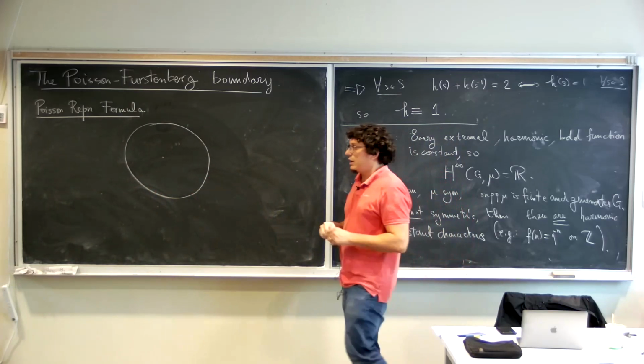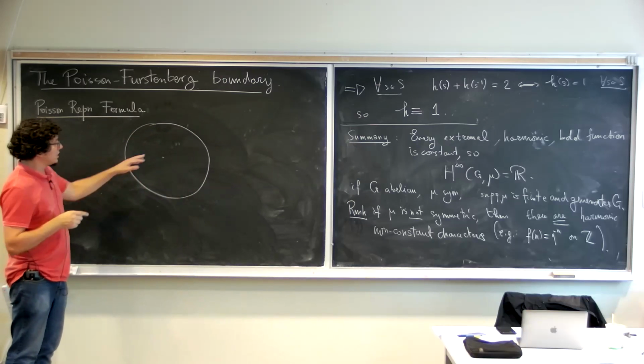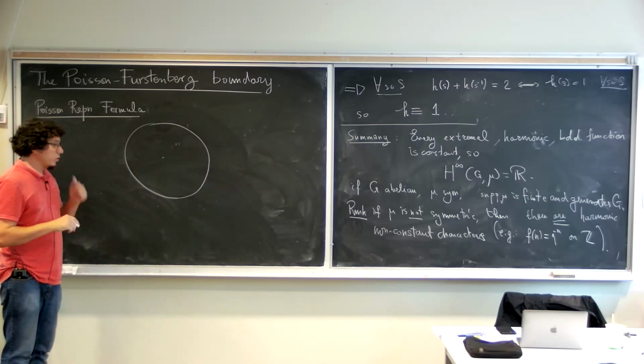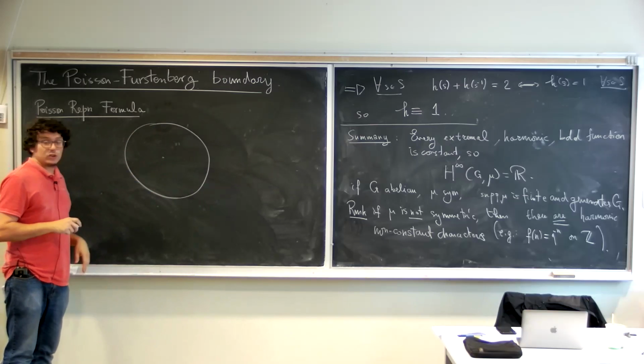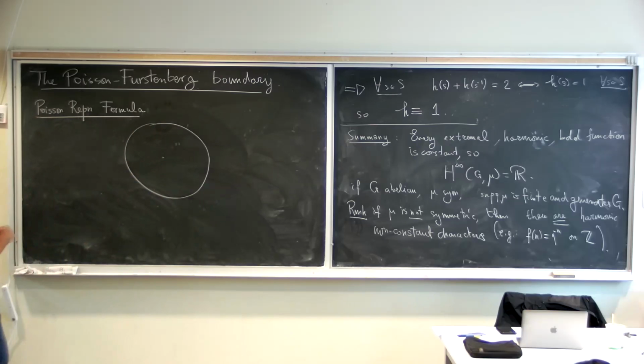Yeah, exactly. In certain situations you could say that the convergence is much better, and in principle you could try to define another boundary that way. I don't think it's been done at all, but in principle it could be done. So we'll see.